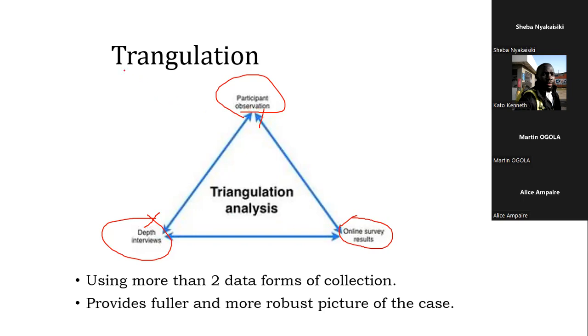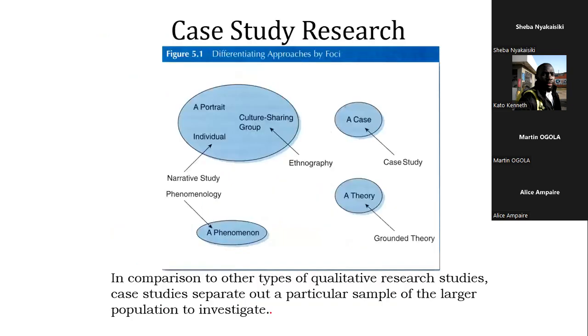This is one of the ways we validate our data in qualitative research, when we use more than one source of collecting information. One of the reasons we do this is to have a robust, rich picture in the information we have collected.